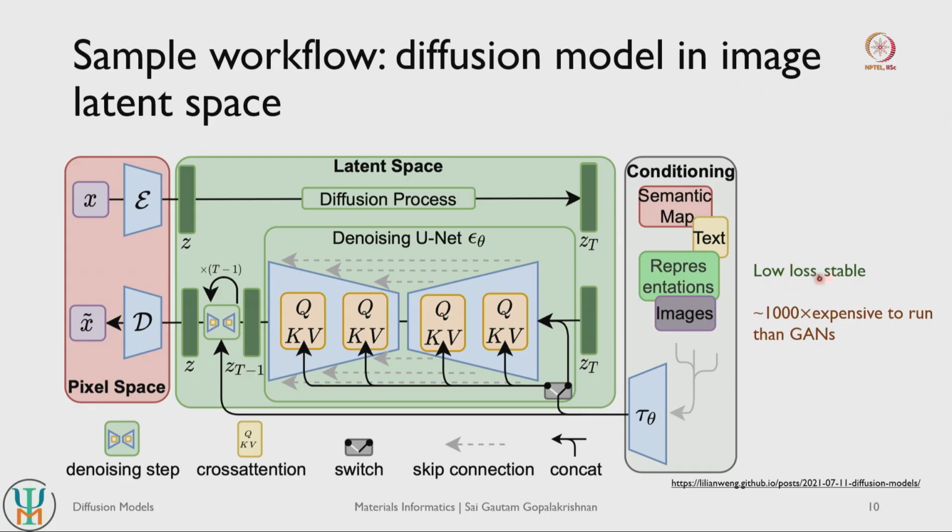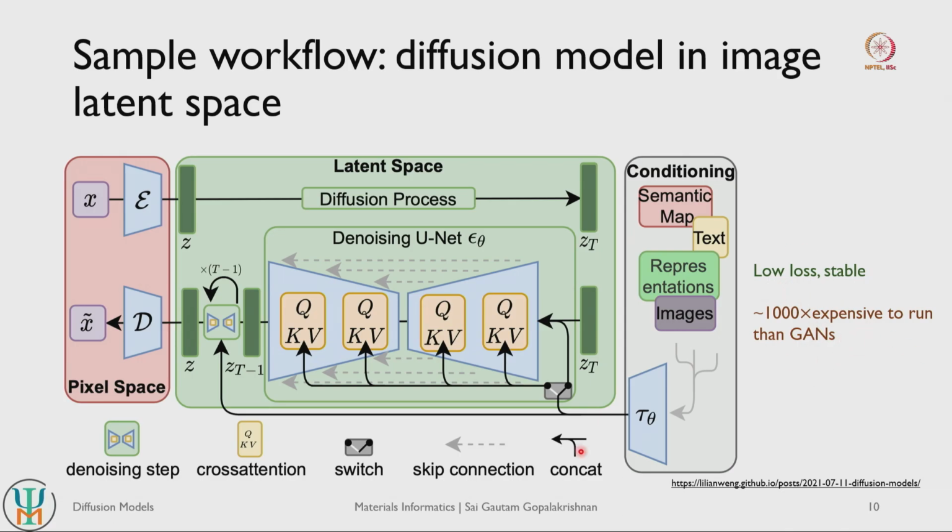Diffusion models are actually quite popular in image generation. The loss is usually quite low compared to simple variational autoencoders. They are usually stable models in the sense that they generate a representation in the pixel space that looks like an image and not something very noisy, but these are expensive to run. They are easily about 1000 times more expensive than corresponding GANs, generative adversarial networks.